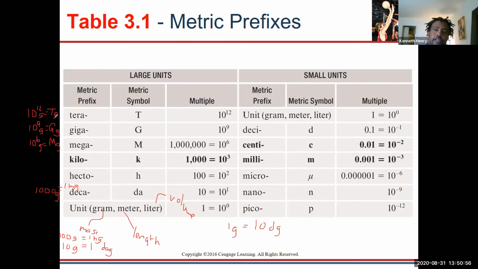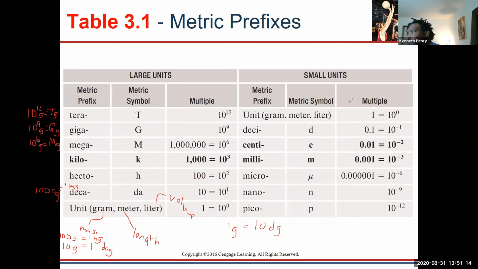Now, the beauty is, if we were talking about length, we could use meters. So we would say 1,000 meters equal 1 kilometer, okay?